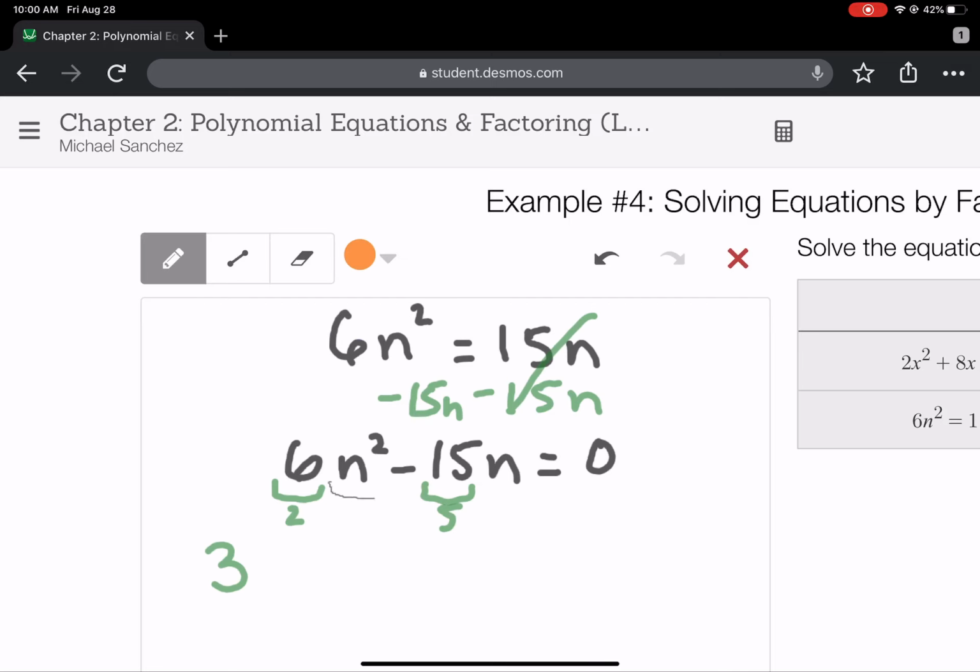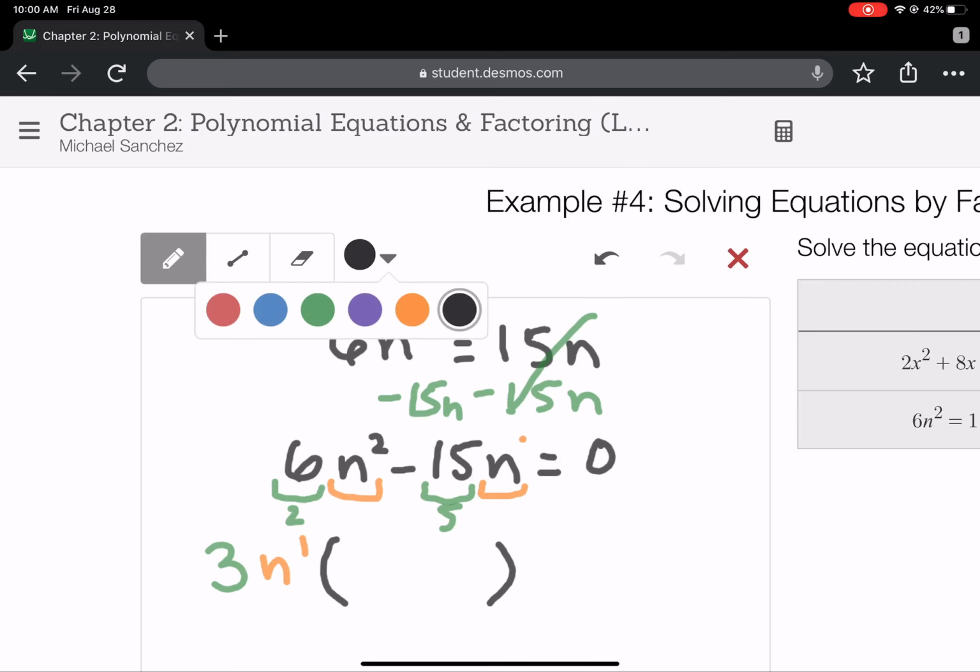And then we look at our n terms. The lowest n term is the one we're going to factor out. So that's n to the power of 1. And then in parentheses, I'm going to write what would be left over if I divide out a 3n. So if I divide out a 3n to the power of 1 from 6n to the power of 2, first, I divide the 6 by the 3. That's going to give me my 2.